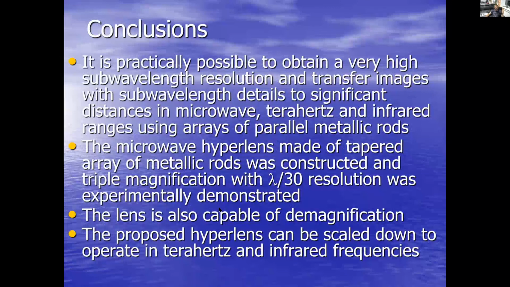And I came to my conclusions. So basically, the idea is that it is possible to get lenses with subwavelength resolution and transfer images with subwavelength details to significant distances in all possible frequency ranges. Depending on the frequency range, you need to use different materials.